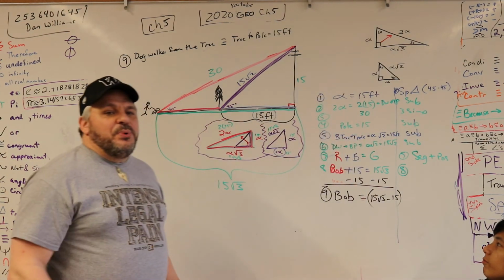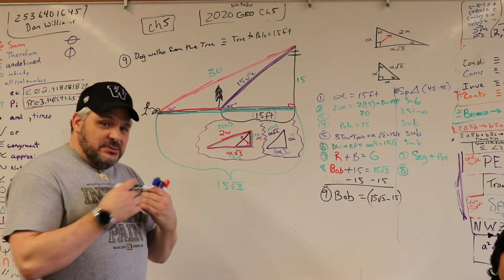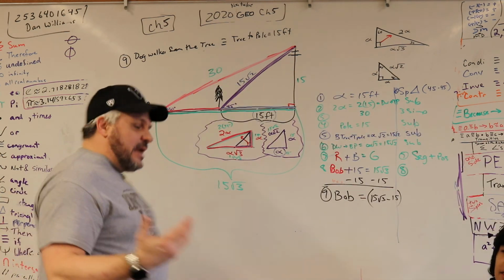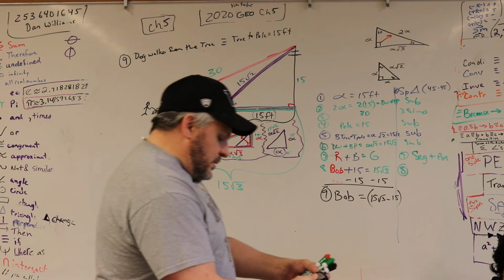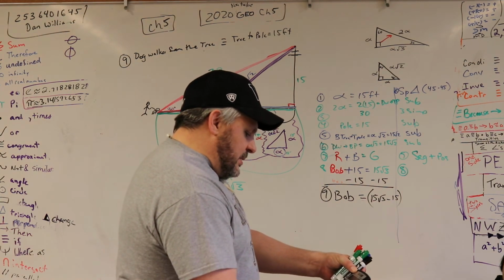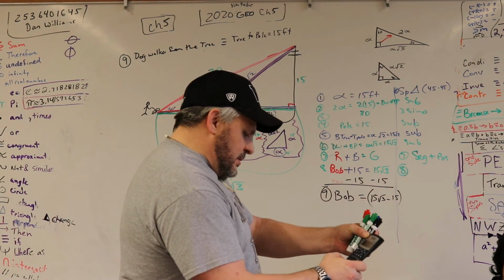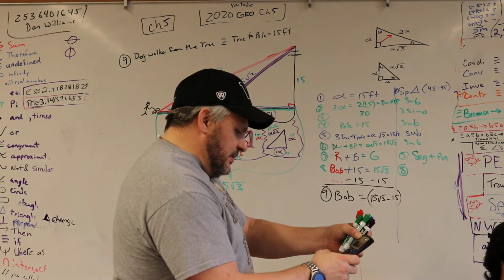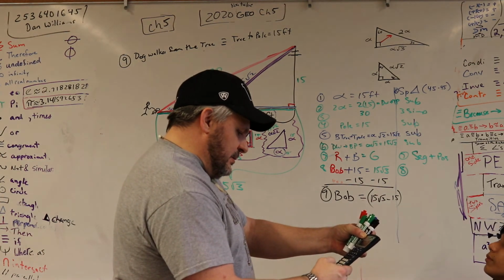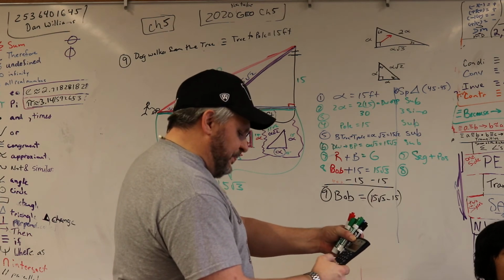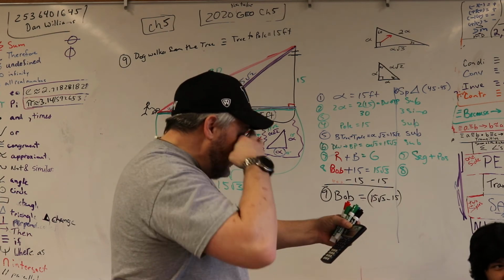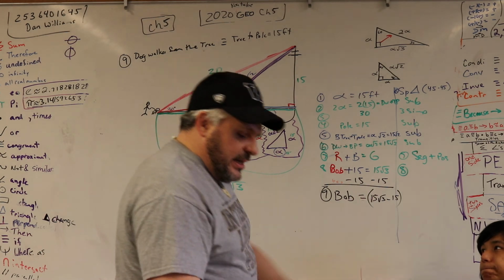Now, can you put that in terms of a number? Sure, you plug it in your calculator and find an estimate. 15 times square root of 3, minus 15, equals 10.98.